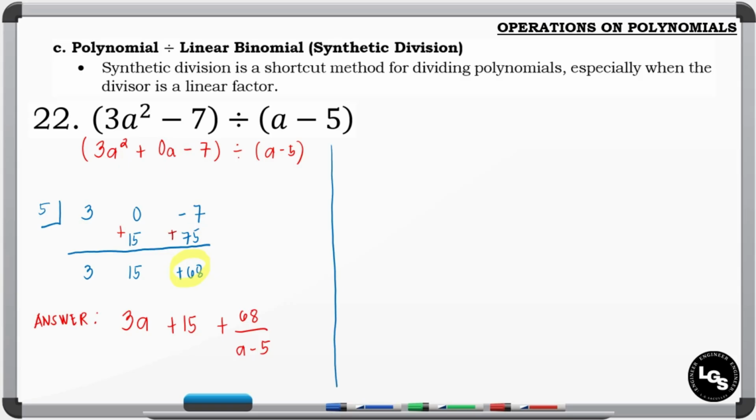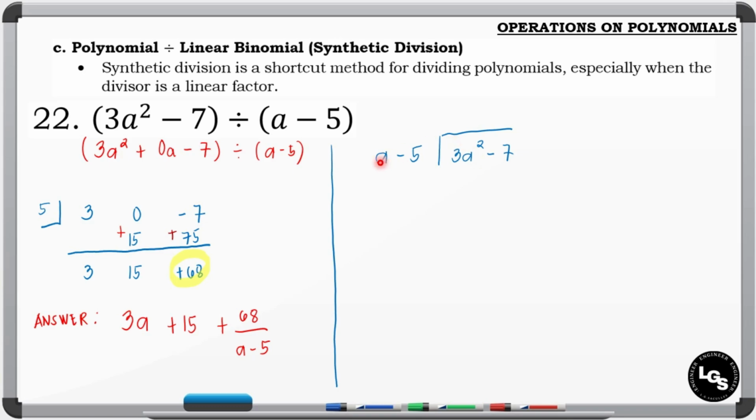So I will show here at the other side if we want to perform using the long division. I will write the dividend 3a squared minus 7 divided by a minus 5. I will divide first the leading term of the dividend by the first term of the divisor.